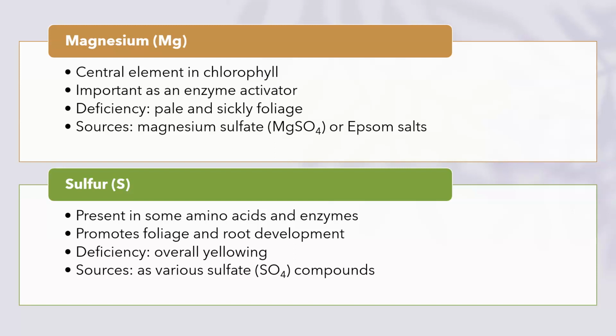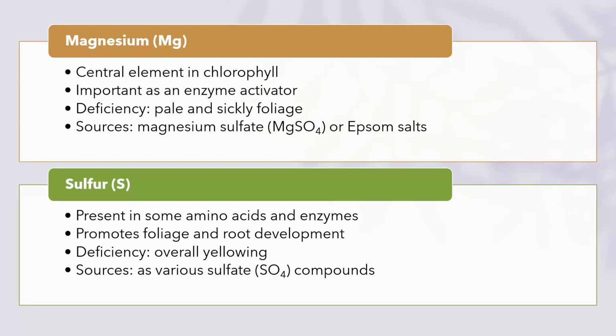Magnesium is the central element in chlorophyll molecules. It is also important as an enzyme activator. Magnesium deficiency causes pale and sickly foliage. Most tissue culture formulas call for magnesium sulfate, commonly known as Epsom salts, as a source of magnesium.